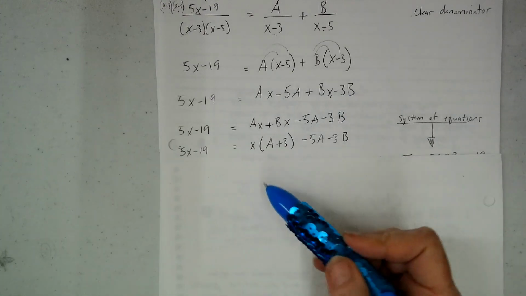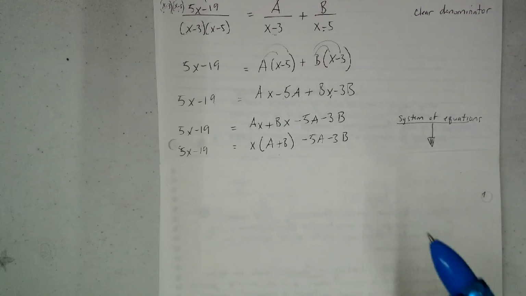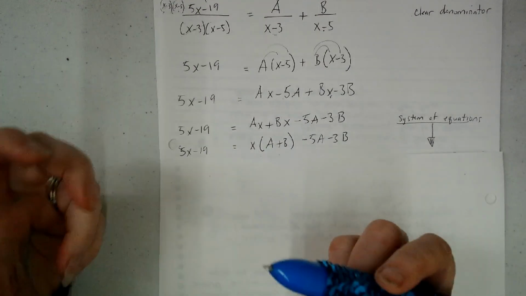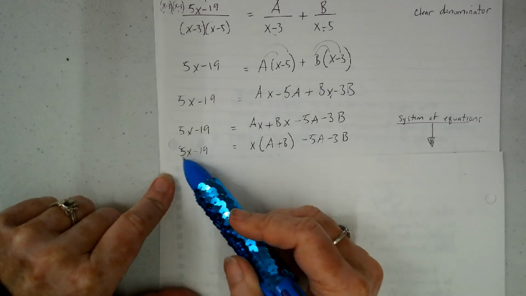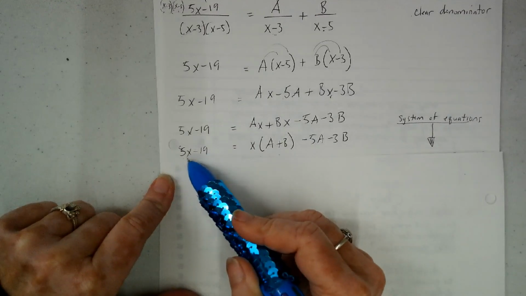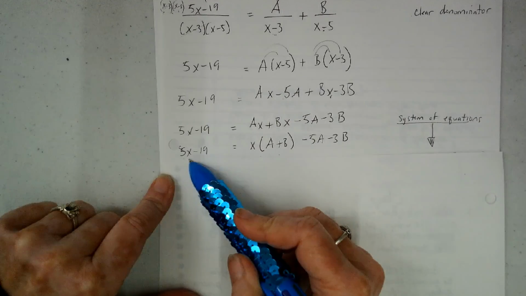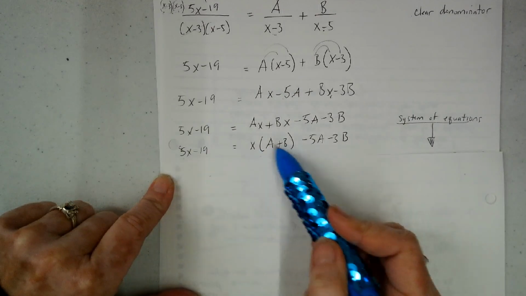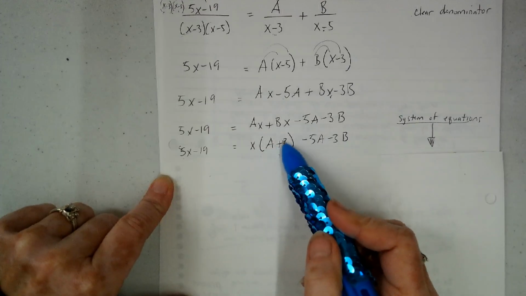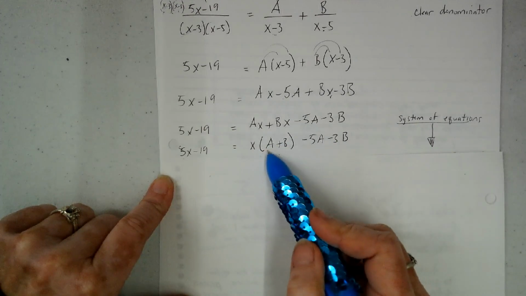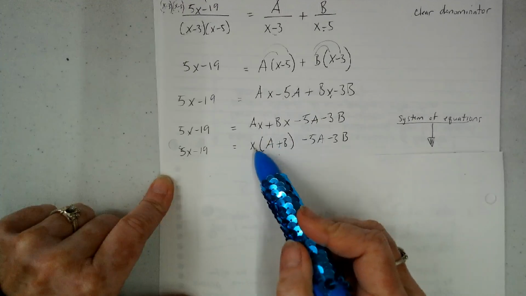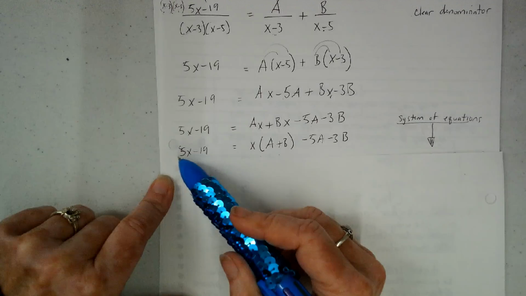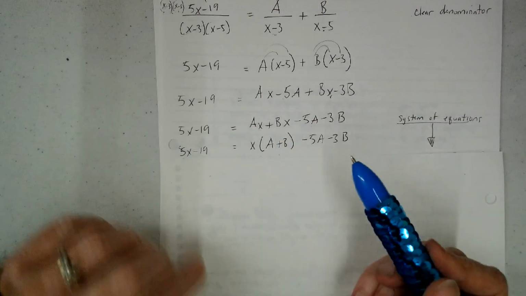And I want to factor this x out because I'm correlating my coefficients of x. The left-hand side says something times x, and the something that's multiplying x is 5. And the something multiplying x on the right-hand side is a plus b. So therefore I can say 5 is equal to a plus b.